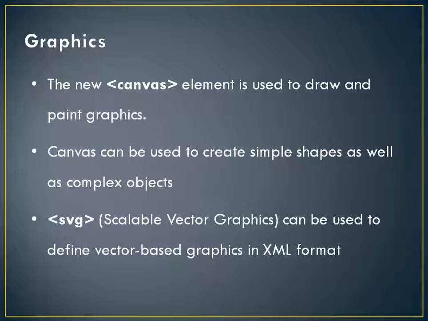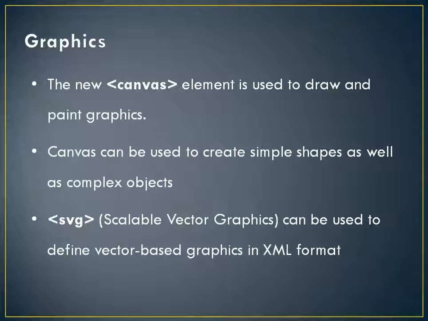So graphics, again, we need to rely on JavaScript to use the graphic features. One of the features is the canvas element, which is used to draw and paint graphics. You can also use it for animation. And canvas can be used to create very simple shapes as well as complex objects, and you can also use photos or images as well.